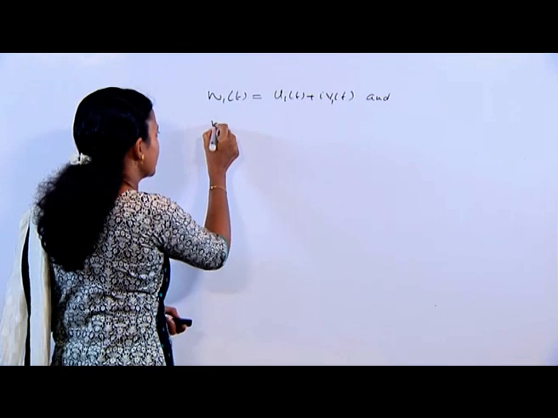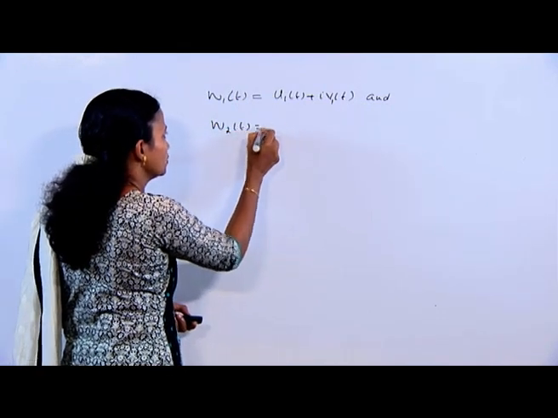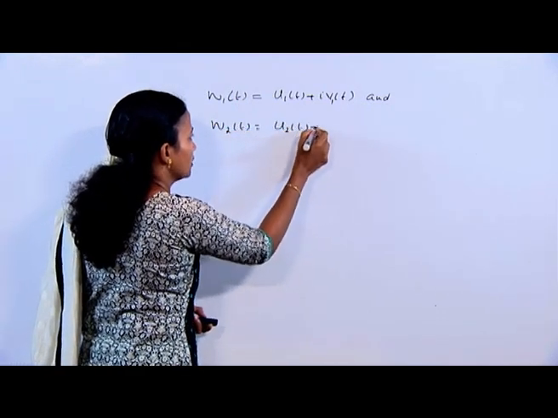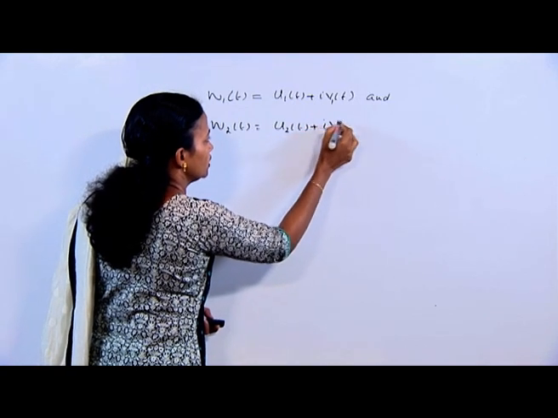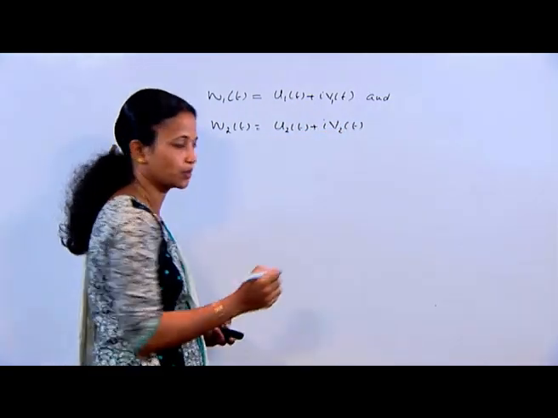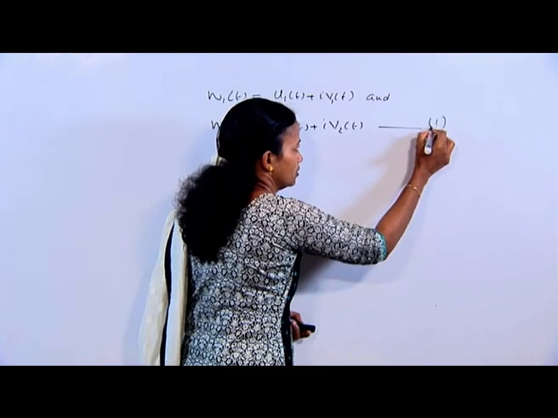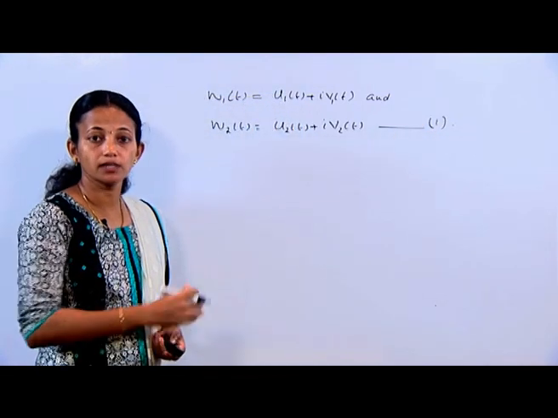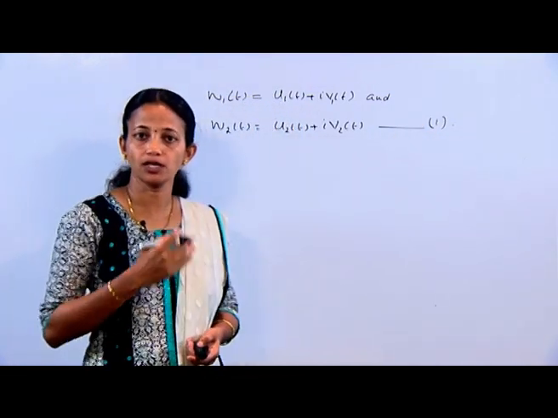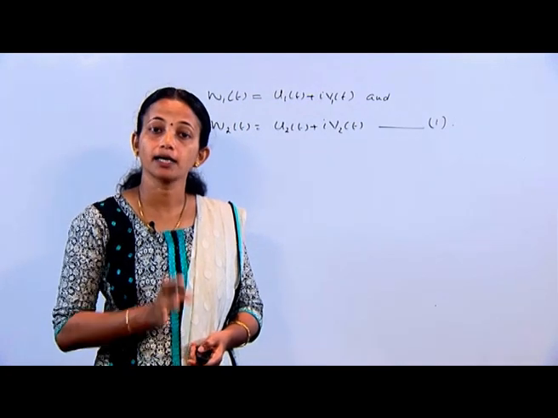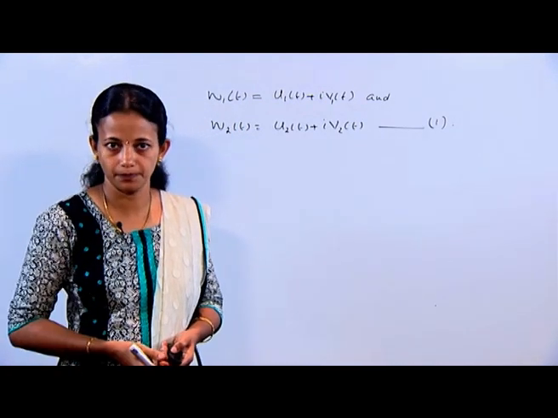And we can take w2(t) equal to u2(t) plus i v2(t), equation number 1, where the functions u1, v1, u2 and v2 are real valued functions of t.